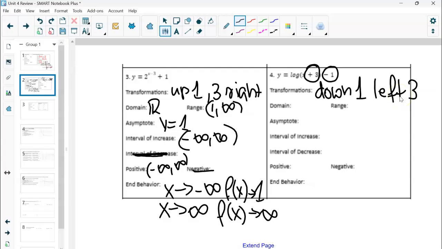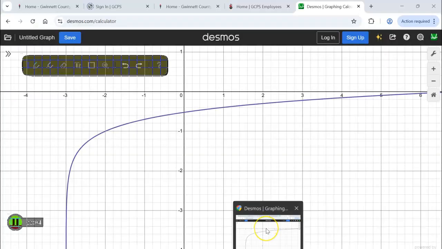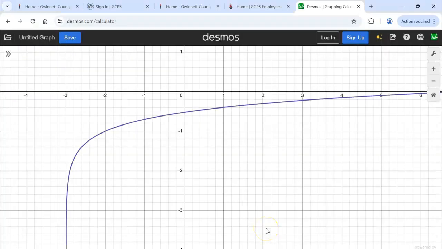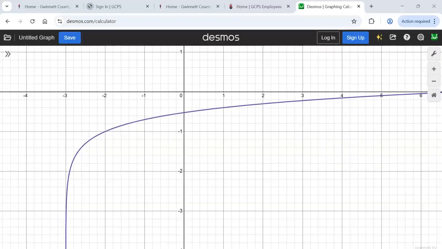Okay. Now remember that for the log function, range is all real numbers, negative infinity to infinity, okay? Because again, it moves freely up and down. Now let's talk about where our asymptote is. The asymptote looks like it's right here at x equals -3. So let's write that line.